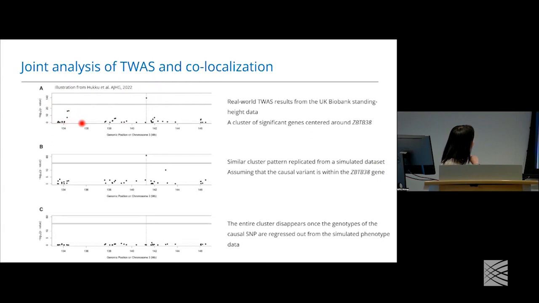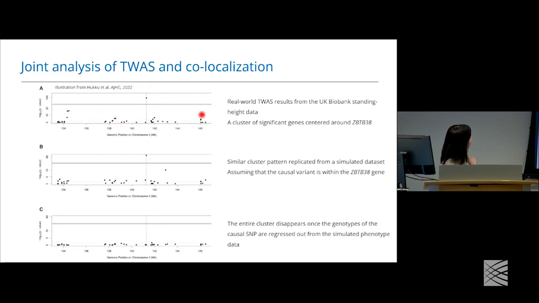The significant line is here, the dashed red line. Everything above that line is significant in this TWAS analysis. So you can see there is a cluster of significant genes centered around this ZBTB38 gene.